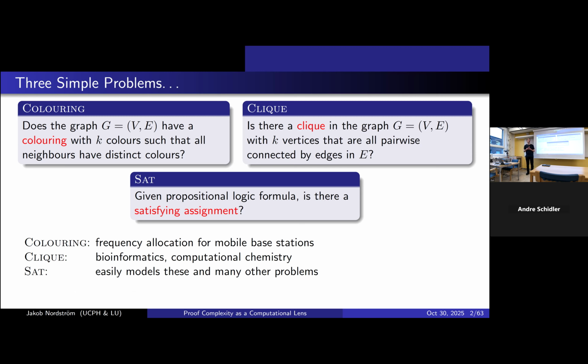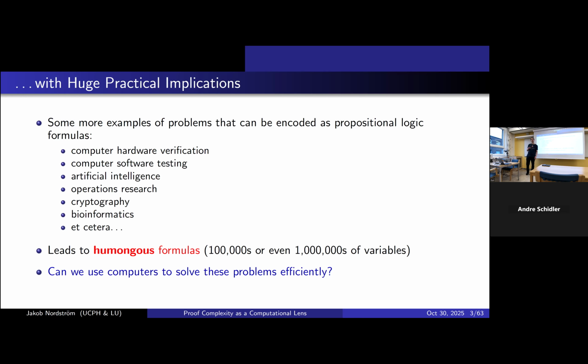We are super happy to just look at them as mathematical problems, but they also come up in applications, for coloring things like frequency allocation. The clique problem is all over the place in bioinformatics. And why do we care about SAT, the more abstract problem? Well, because SAT can model this problem and many other problems in computer science, like hardware and software verification, problems in artificial intelligence, operations research, cryptography, bioinformatics.